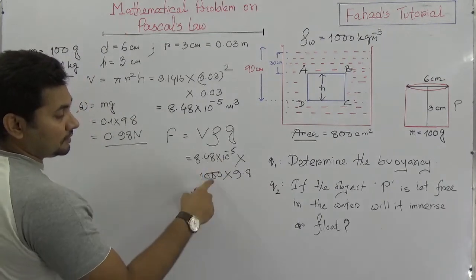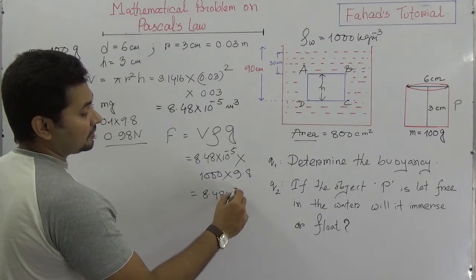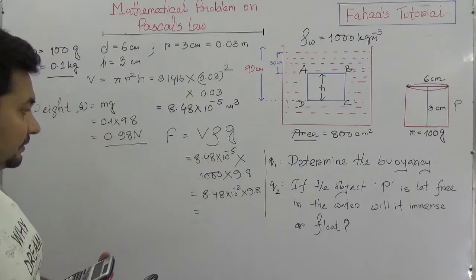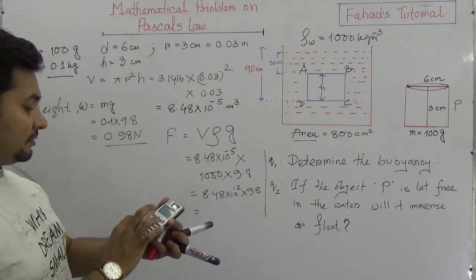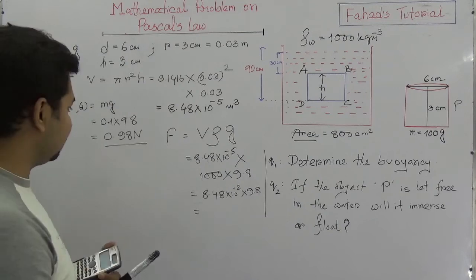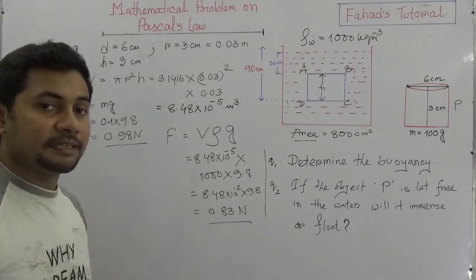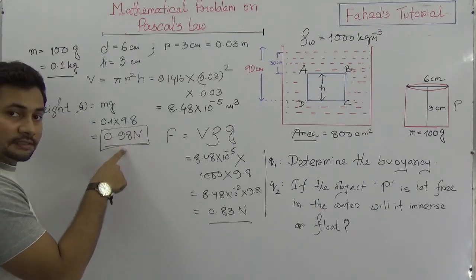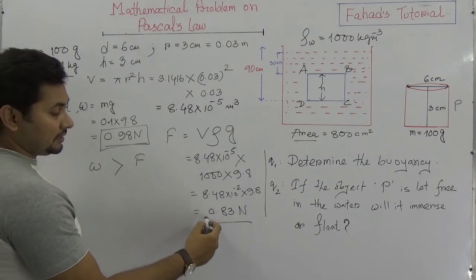So 1000 means 10 to the power minus 5 becomes 10 to the power minus 2, so it would be 8.48 times 10 to the power minus 2 times 9.8, that is 0.83 Newton. Again we can see that the weight of the object is greater than the buoyancy, 0.83.